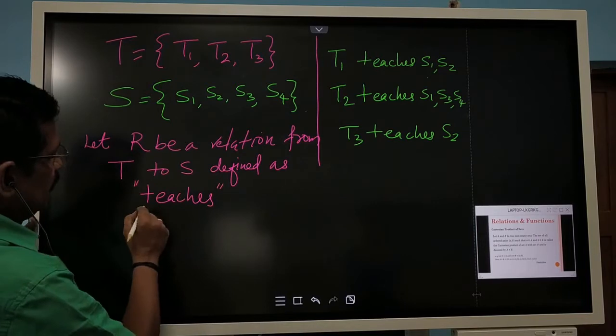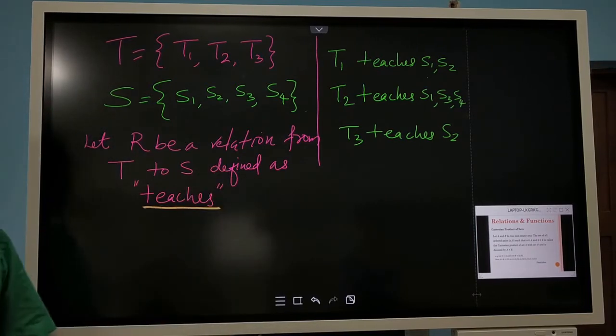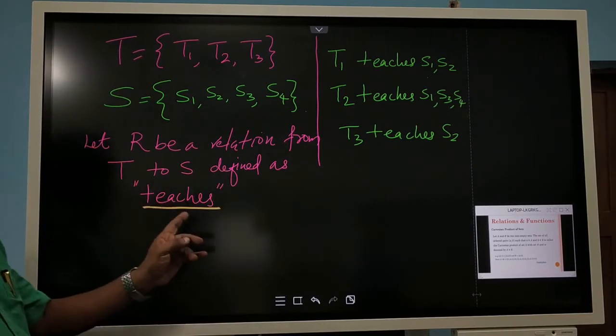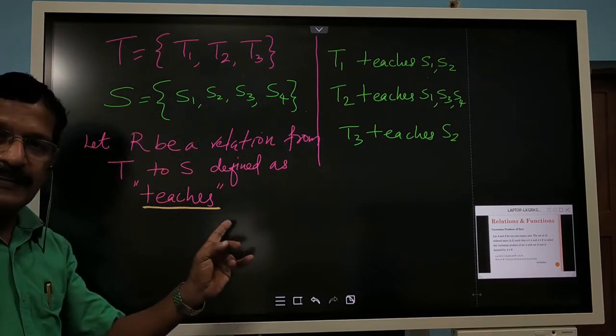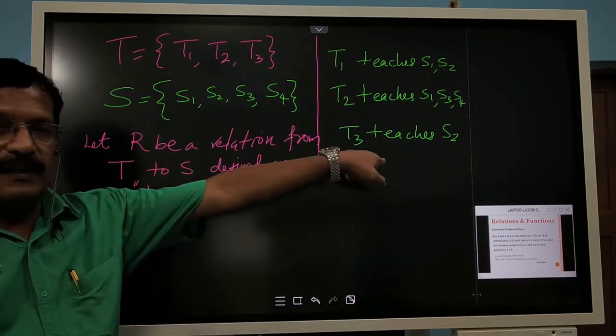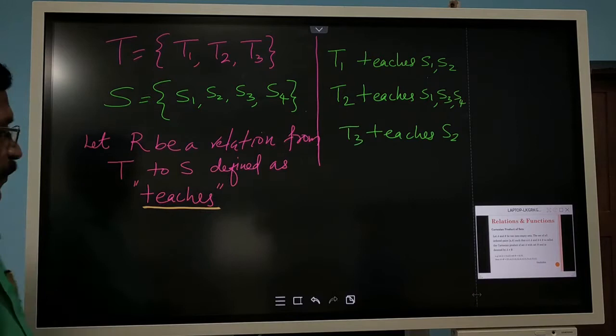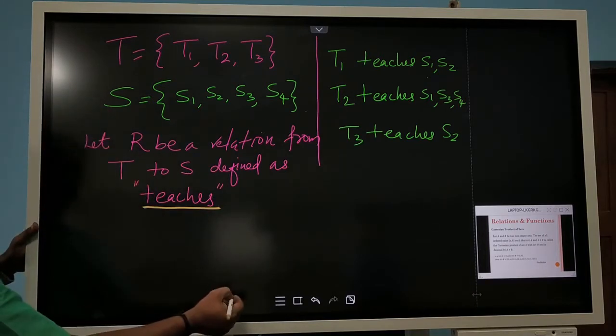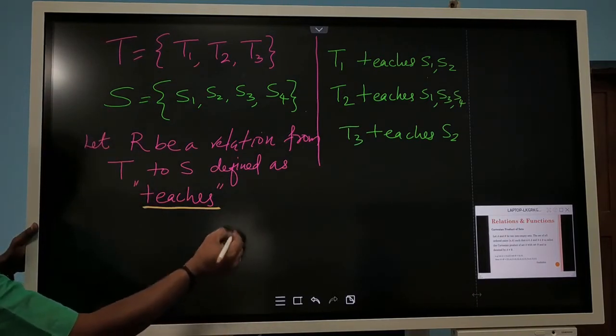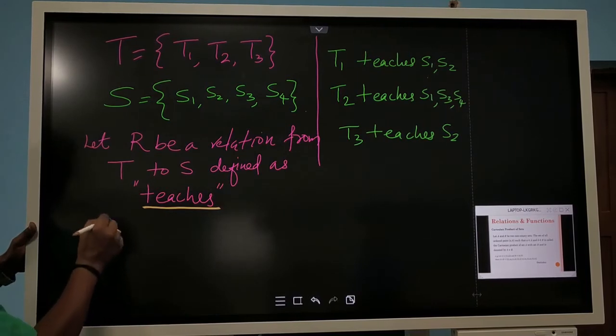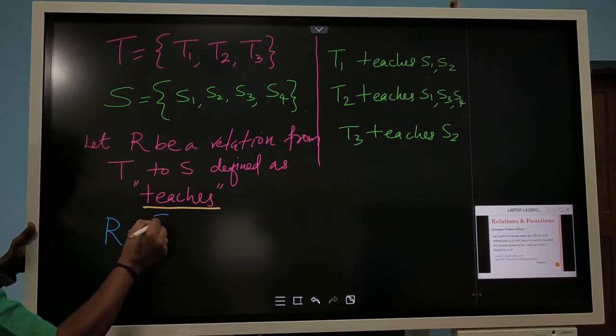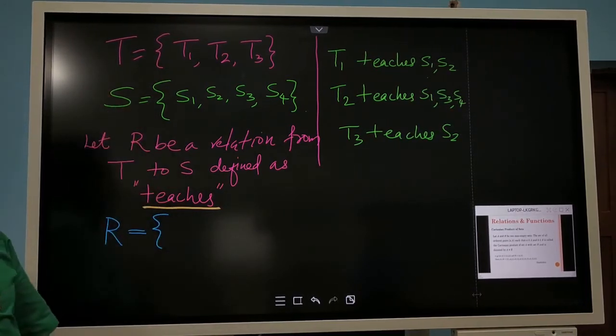This is the relation, teaches. Now I just want to write this R in roster form with this available information. So what will be that? That will be R is equal to the roster form.